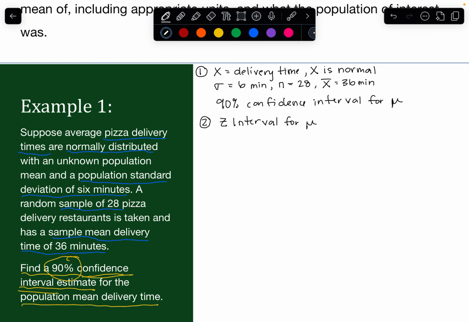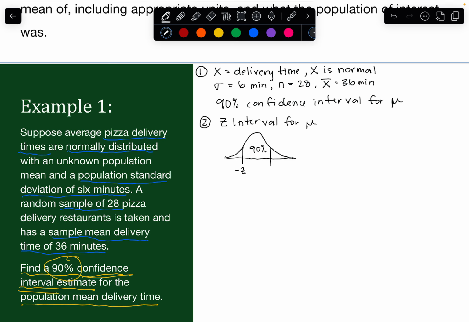And I know if it's a z interval, I need a z critical value. So that's the next thing I'm going to do here. I'm going to draw my normal distribution. I'm going to mark my critical value level in the middle, 90%.